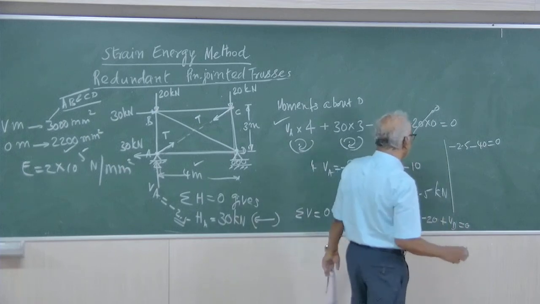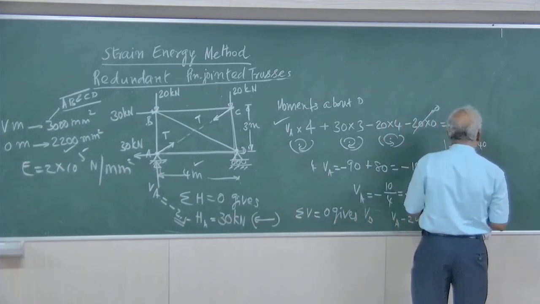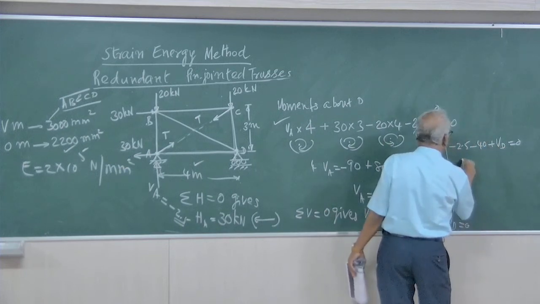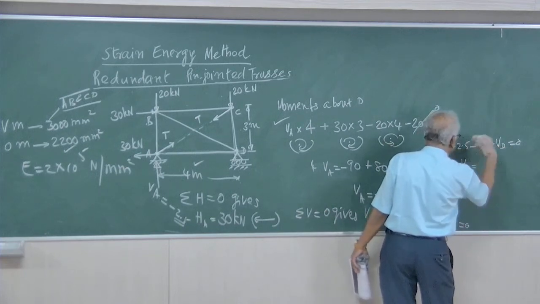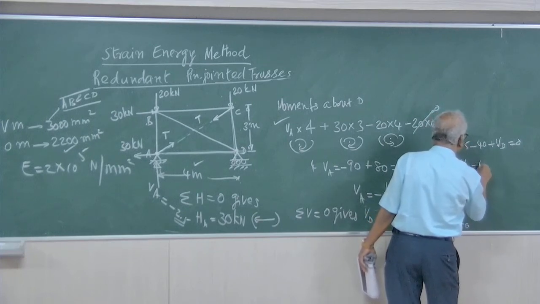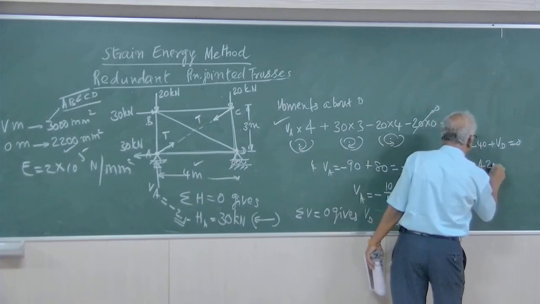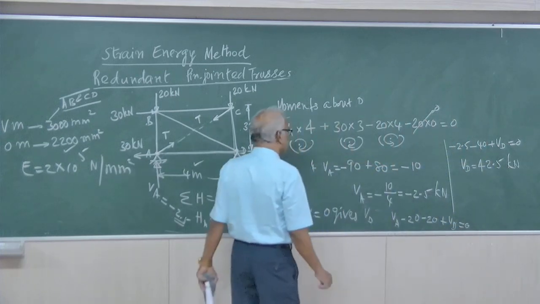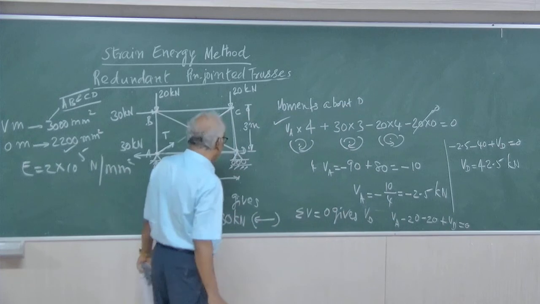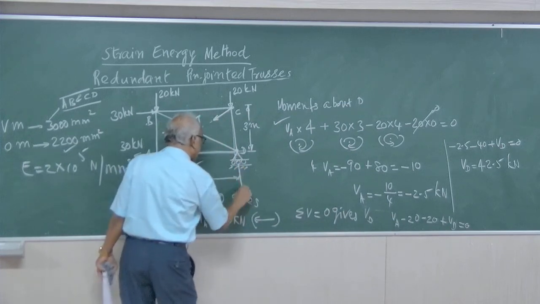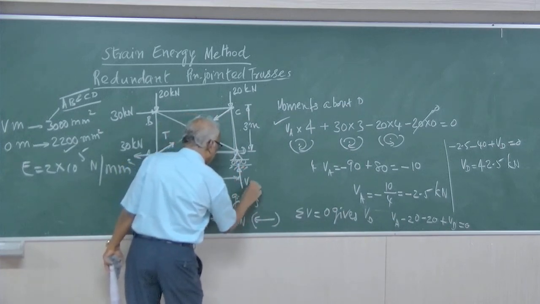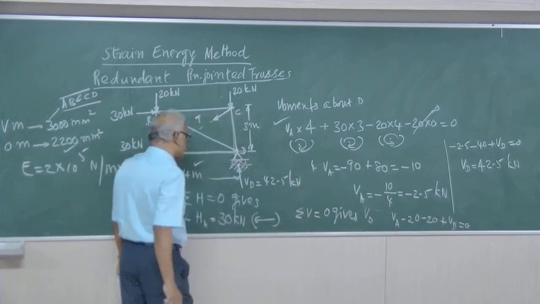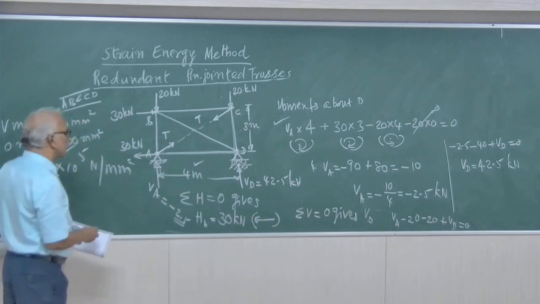Therefore, plus VD equal to 0, or VD, when taken to the right hand side, equal to 42.5 kilonewton. So it is upward, and we are getting it with the plus sign. Therefore, this reaction VD equal to 42.5 kilonewton.